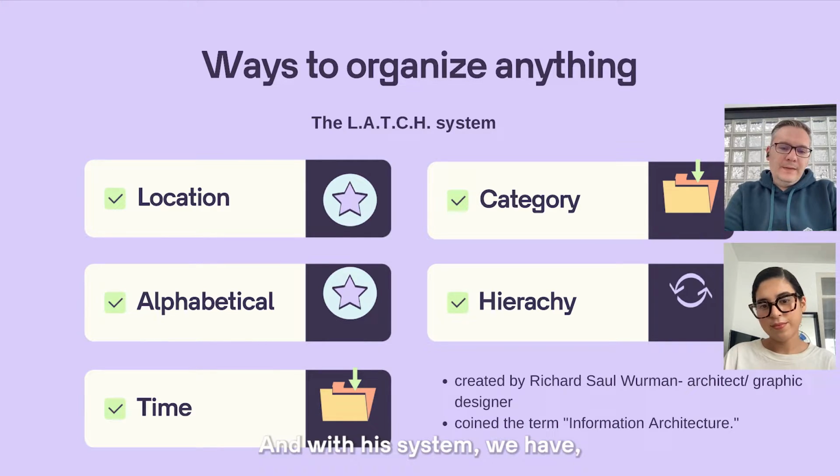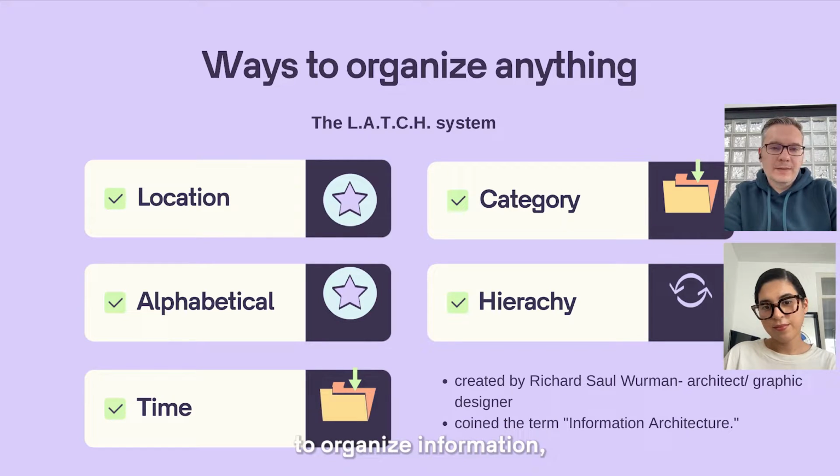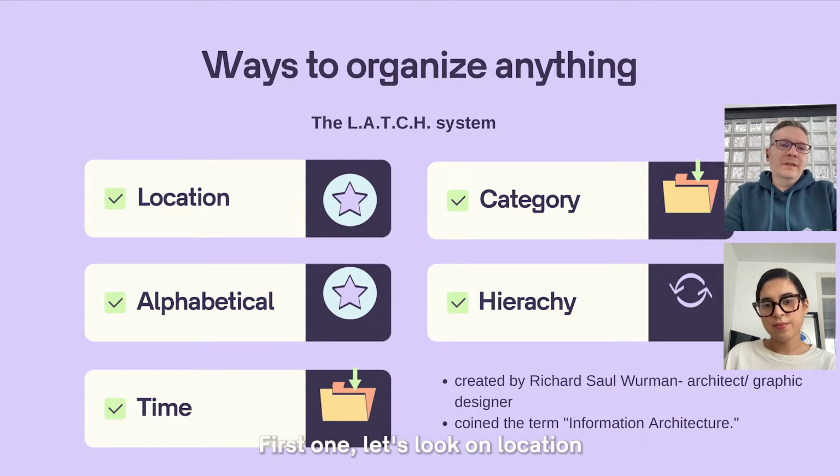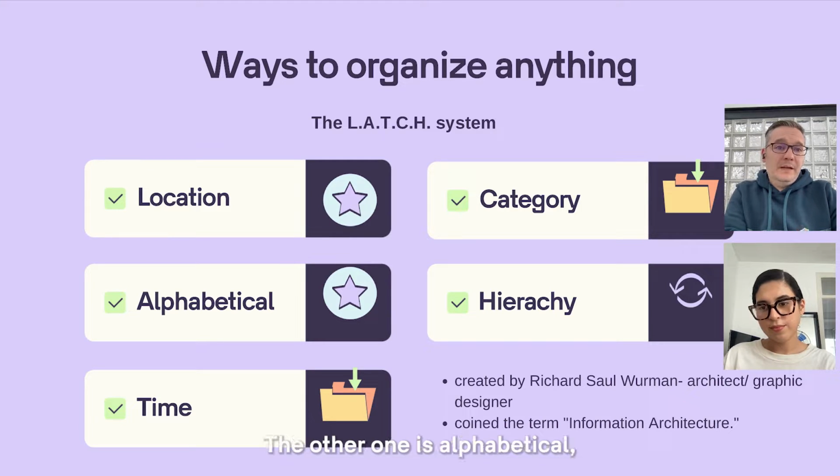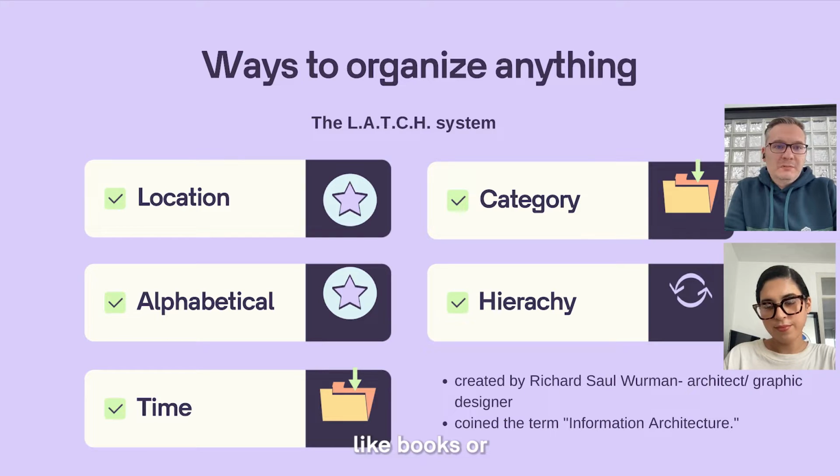And with his system, we have, let's say, five categories or ways to organize information, stuff, pieces, you name it. First one is location. So you organize information or pieces on a location basis. The other one is alphabetical, like books or names in a list.